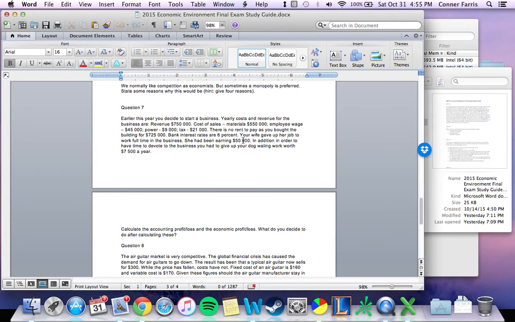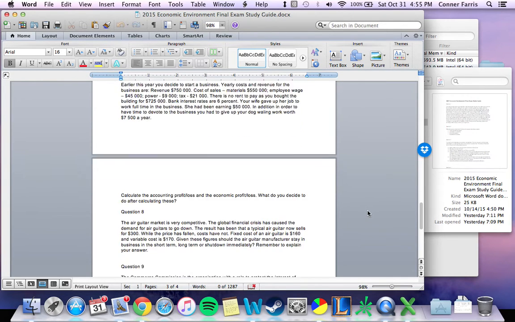It's not going to be in the same realm. So the difference between accounting cost and economic cost is that economic cost tries to encompass everything. Accounting costs are just going to grab stuff like the 9,000, 2,000, the taxes, the power, the employee wages, whatever the cost for the building. You get to incorporate the 50,000 and the 7,500 into your economic costs.